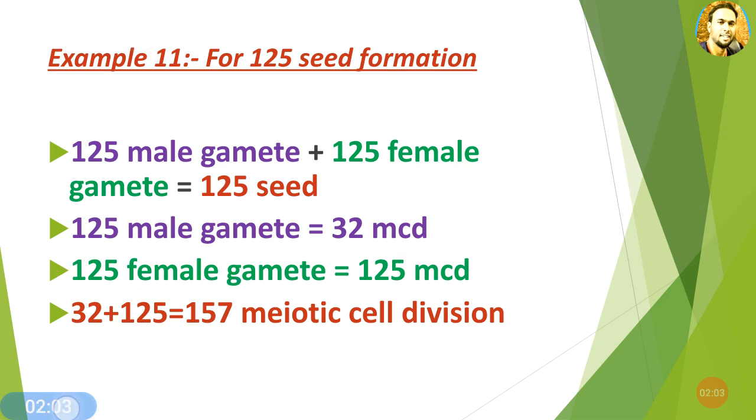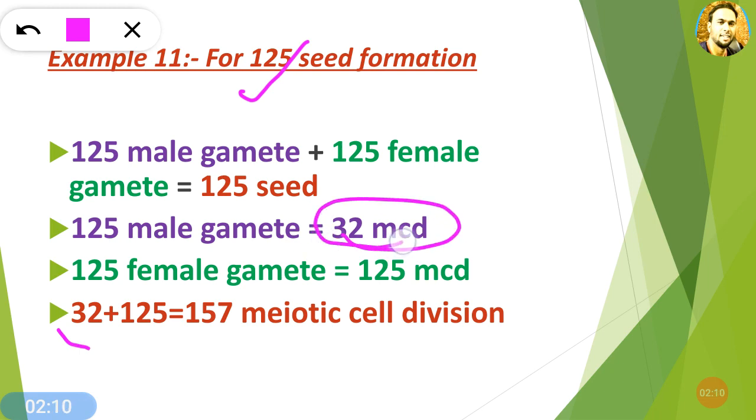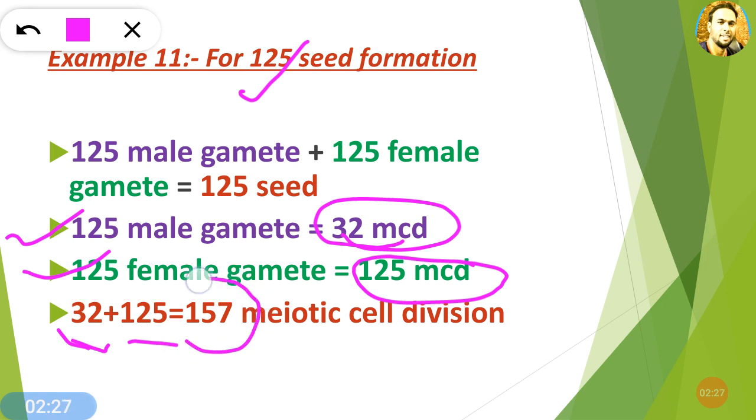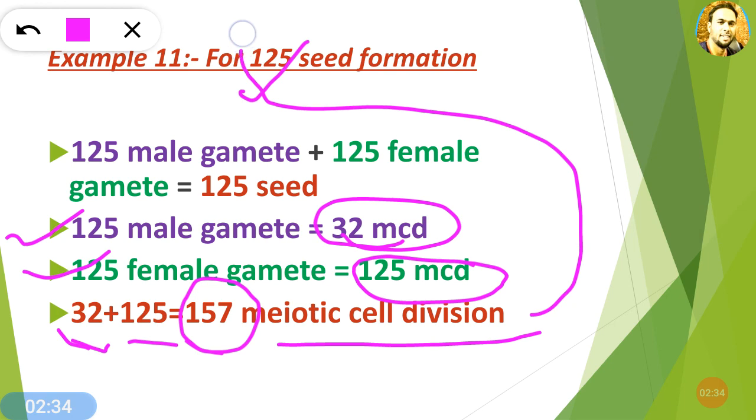So for the production of these 125 seeds, 32 meiotic cell divisions are required for 125 male gametes, and 125 meiotic cell divisions are needed for the formation of the 125 female gametes. So 32 plus 125 is equal to 157 meiotic cell divisions needed for the formation of these 125 seeds.